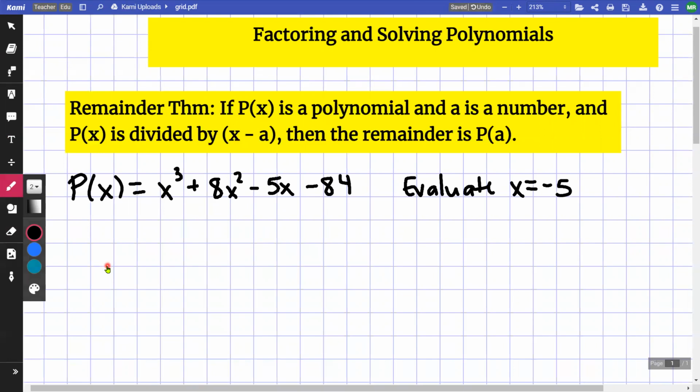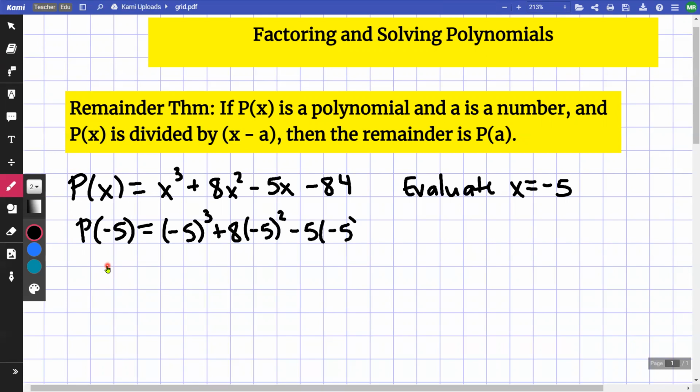So one way to do that, the old-fashioned way, is to put -5 into this equation and go -5 to the third plus 8 times -5 squared minus 5 times -5 minus 84. And let's say I was doing this without a calculator. This would be a little bit of effort.